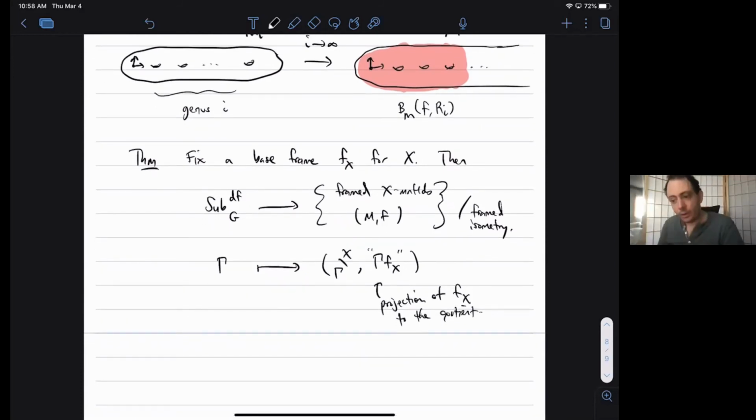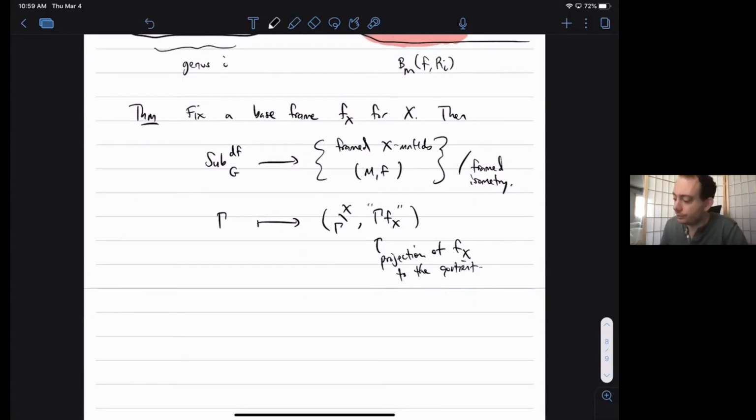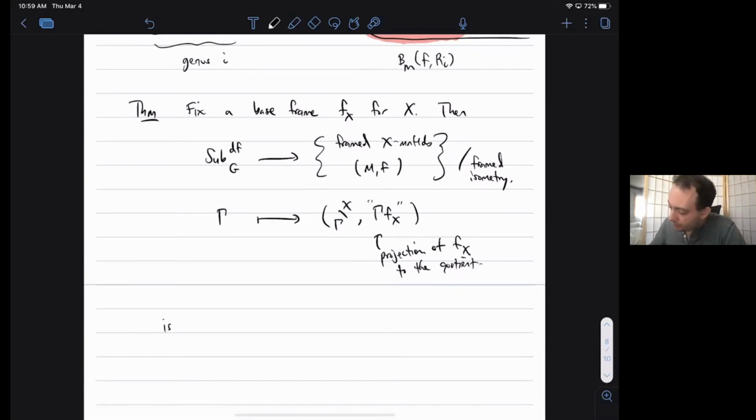I fixed a base frame somewhere in some tangent space to X, and then I project that to the quotient manifold, and I get not just a manifold as a quotient, but a framed manifold as a quotient. So that gives me this map here. And the theorem is that this is a homeomorphism onto its image.